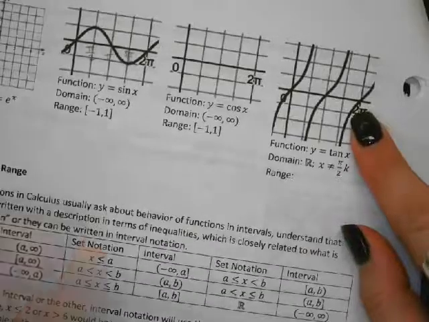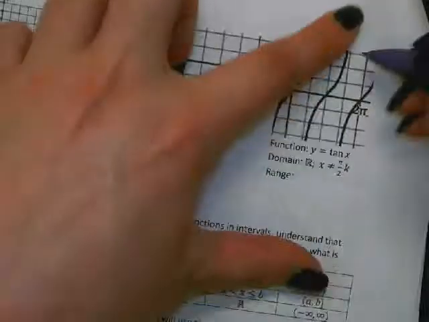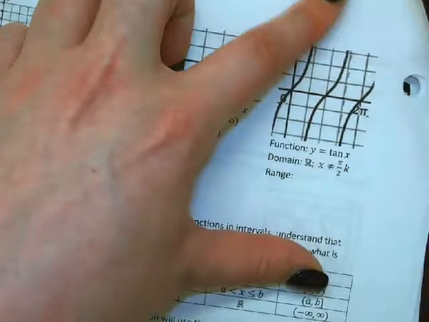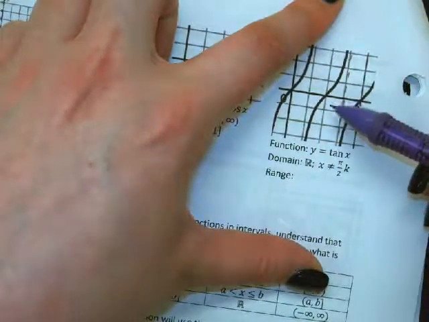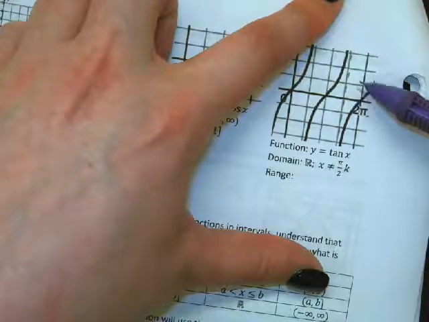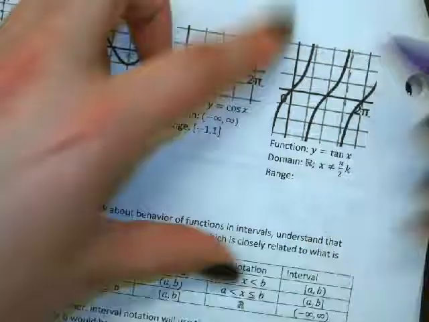And so that's why, let me go back, when you look at tan, you can see we've got our 0. Here's the asymptote right here. This is our asymptote. Okay, here's 0 right here.